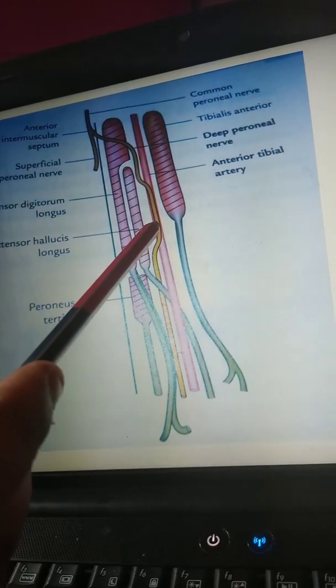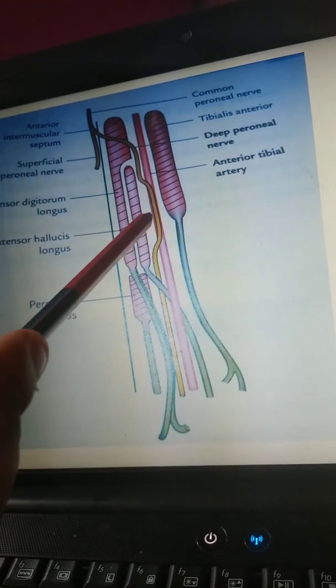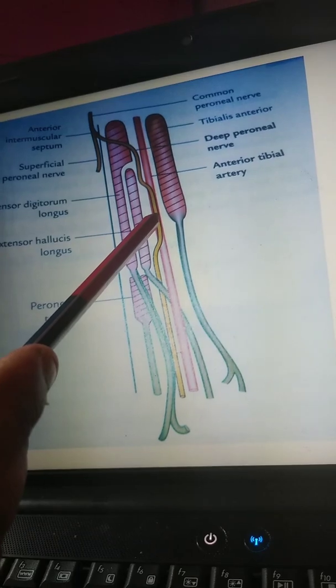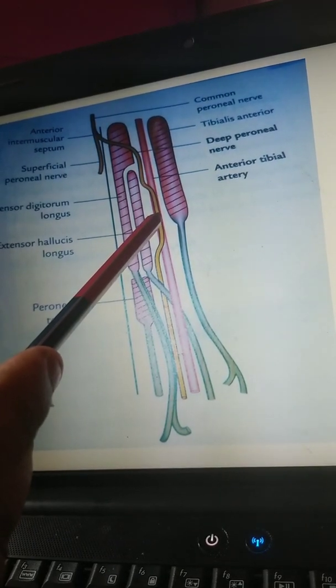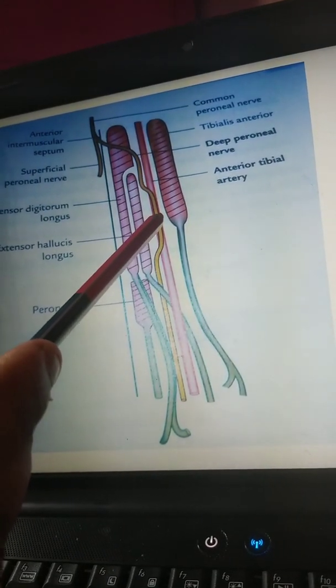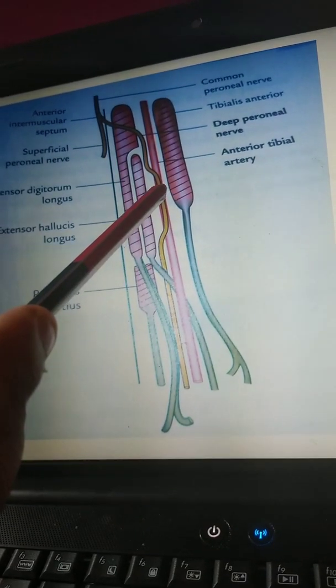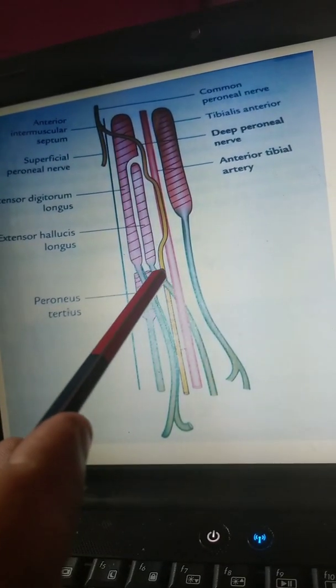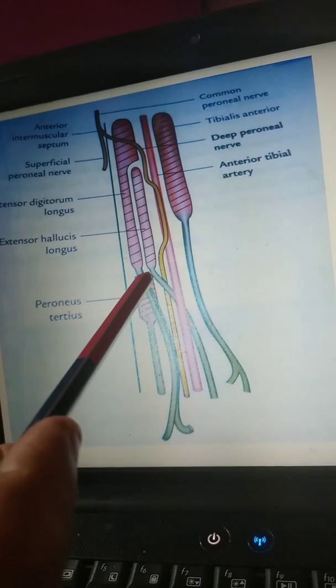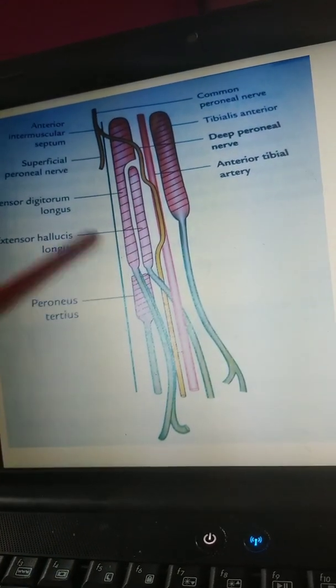It is said in the middle one-third the nerve hesitates to cross the artery from lateral to medial side, so it is also known as nervus hesitans. The nerve ends in front of the ankle by dividing into lateral and medial terminal branches.